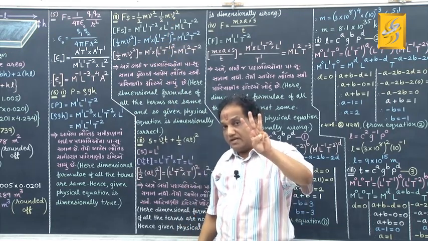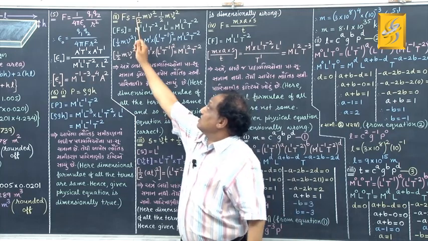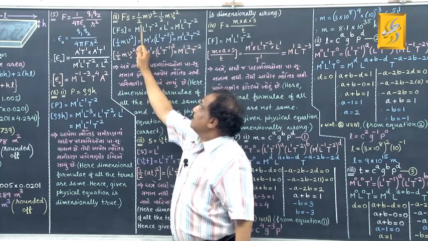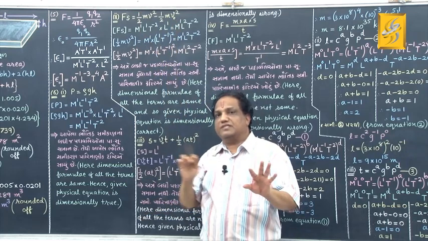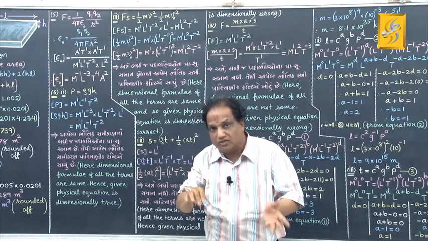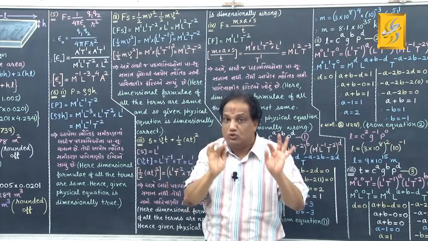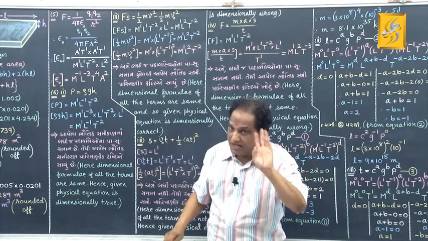How many terms are there? 3 terms are there in this given physical equation. This is first term, this one is second term, this one is third term, correct? Terms are separated by the signs of plus or minus. You don't bother whether it is on left side or on the right side, you simply count total number of terms. Here there are 3.